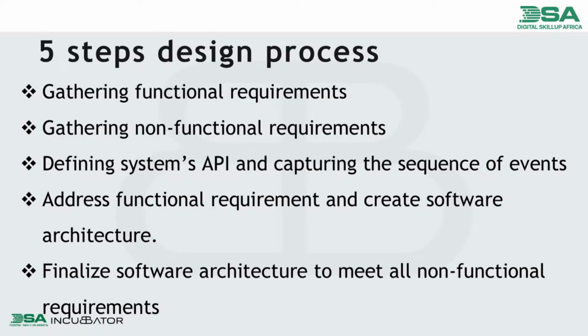Because this is programming, you have to tell the system everything you want it to do. You cannot assume that it will know it. So, the system sequence of events is very important to capture. And in this case, how will we be doing it? We'll be making use of a sequence diagram.